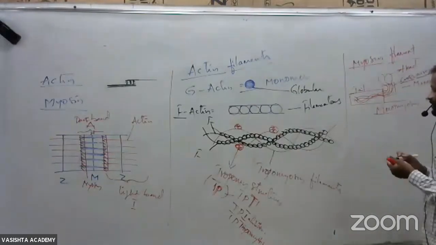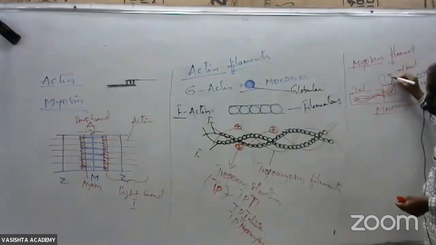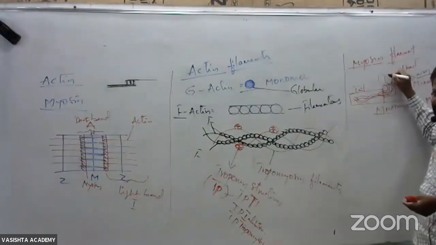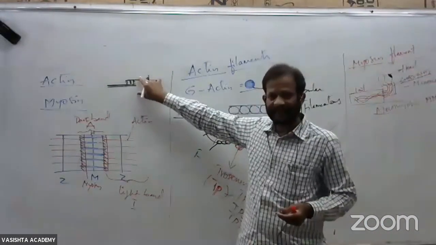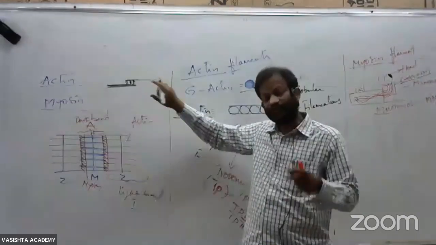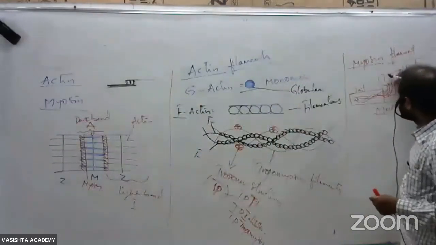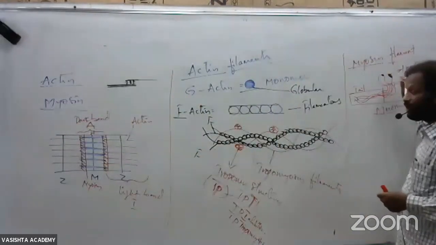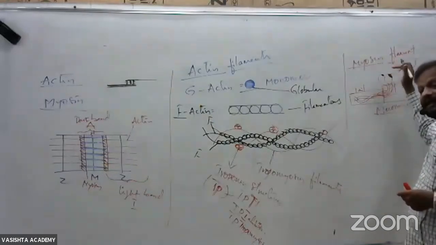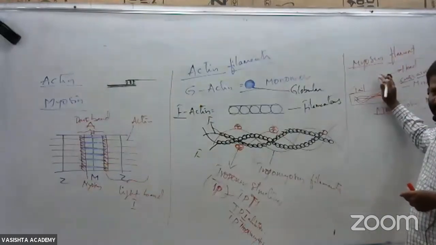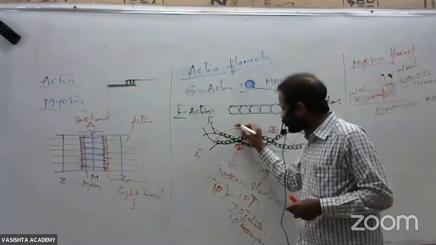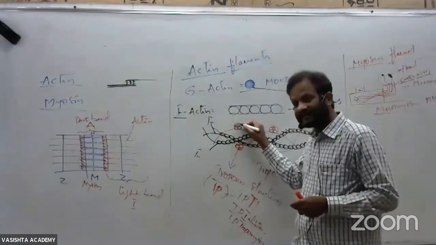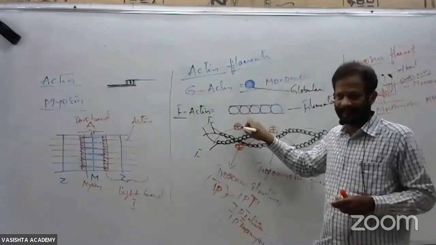This head region has an active site which can bind with actin. Here I have shown that it will bind with actin sometimes. So we can call this area of the head of meromyosin the actin binding site. We can call the troponin complex the myosin binding site.